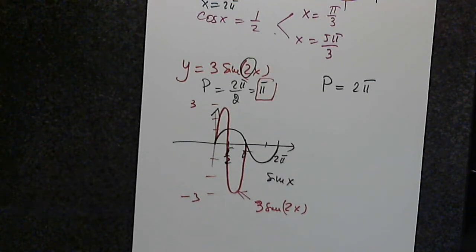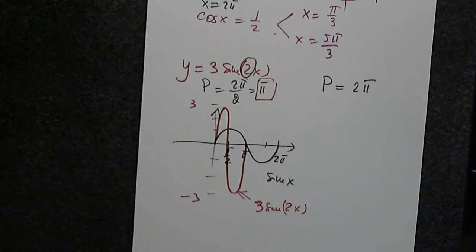So here's sine crossing at pi, going to 2 pi, negative 1, 2 pi. And this is 3 sine and another one because I chose to present everything between 0 to 2 pi. So this is 3 sine 2x, and this is sine x. Any questions?